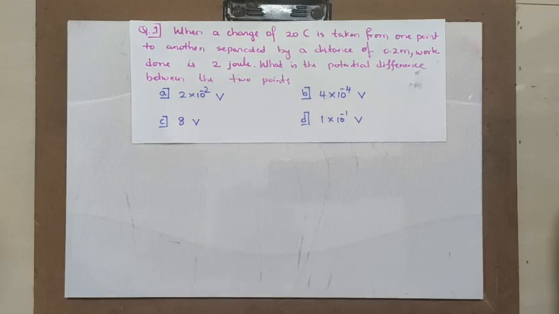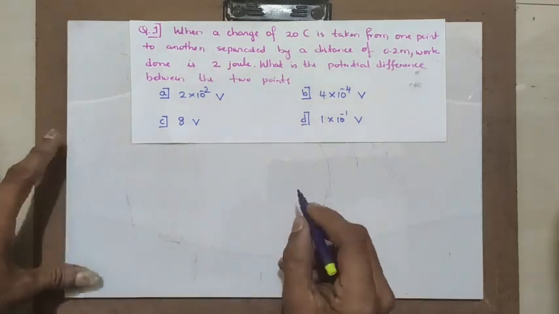Here the example states that when a charge of 20 coulomb is taken from one point to another, separated by a distance of 0.2 meter, the work done is 2 joules. What is the potential difference between the 2 points? Let me solve this example.